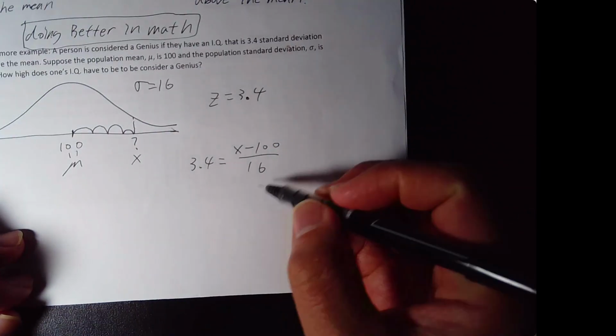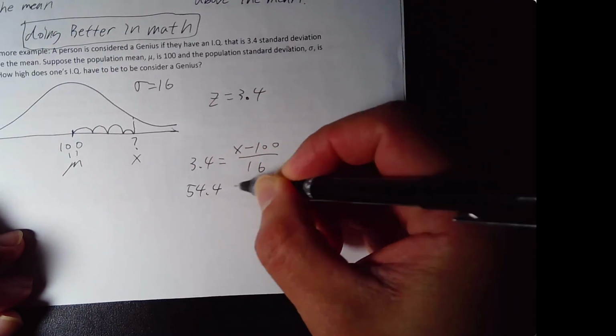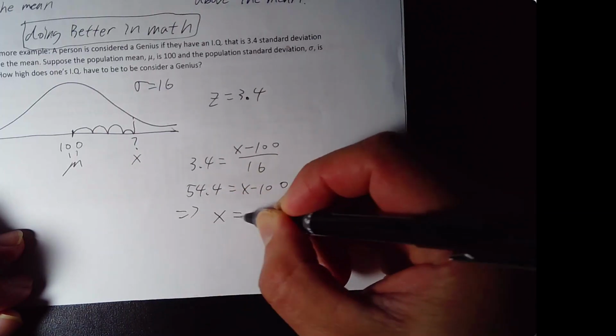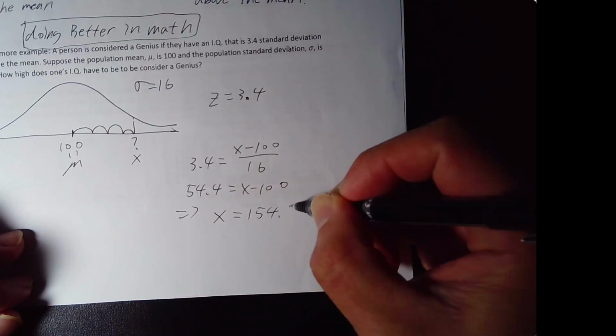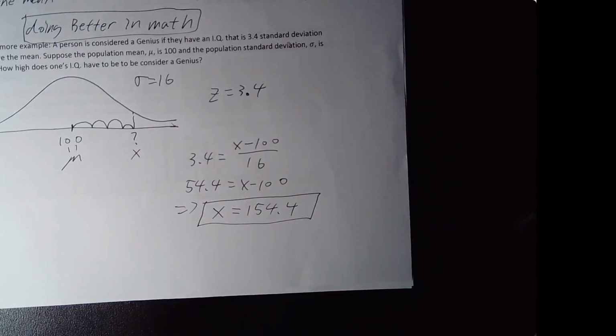Now the rest is just algebra. Multiply 16 on both sides. You get 54.4 equals x minus 100. Then finally you get x equals 154.4. Which means if your IQ is 154.4 or above, then you are considered a genius. And that's it for handout 3.2.